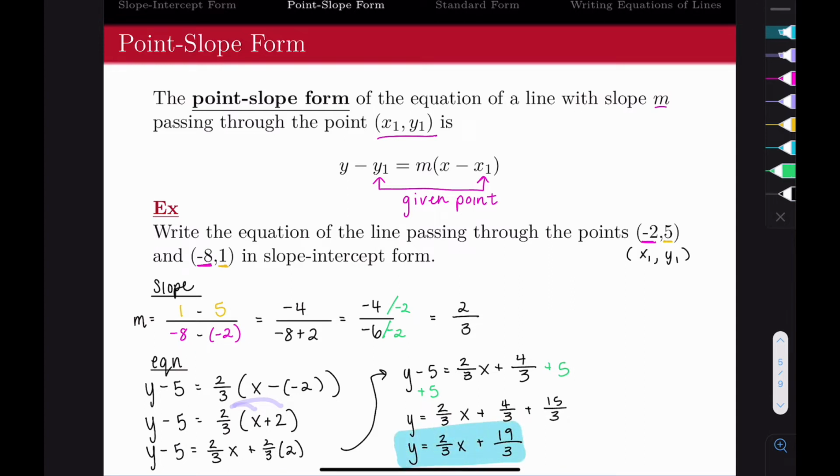So immediately I can tell you that the slope is 2/3 and the y-intercept is going to be the point 0, 19/3. So point slope form is great for actually creating the equation of the line. Slope-intercept form is the more common one to just be able to graph and easily identify what points are.